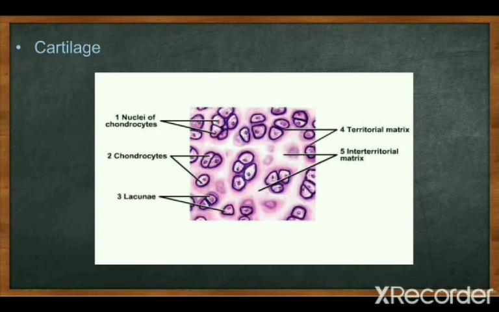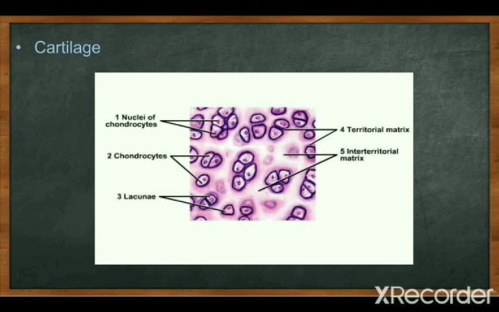Some inorganic salts are also present in that, which help to form that cartilage. It also has lacunae, the space is called as lacunae. The cell which helps for forming cartilage is called as chondrocytes or chondroblast.